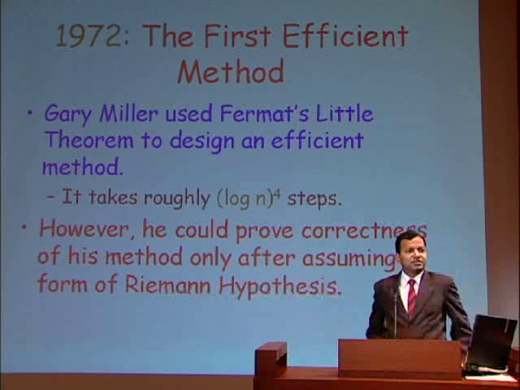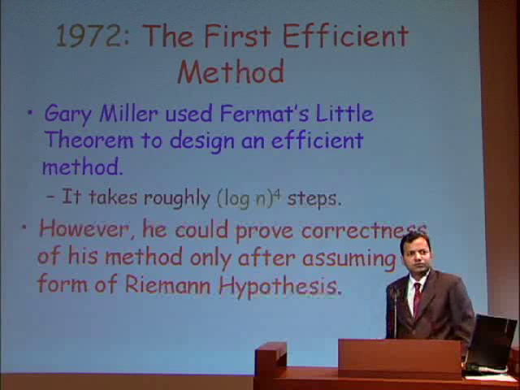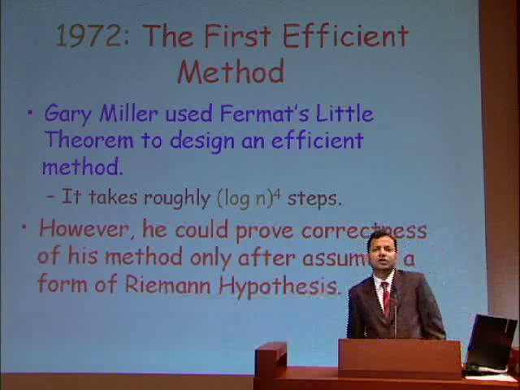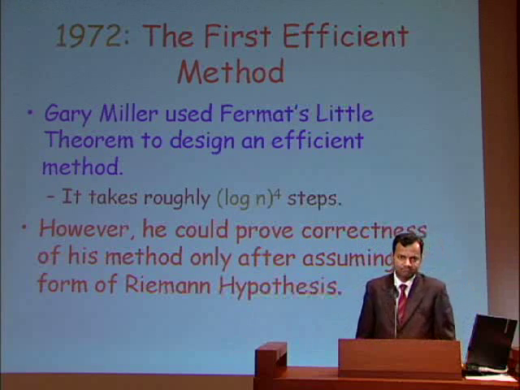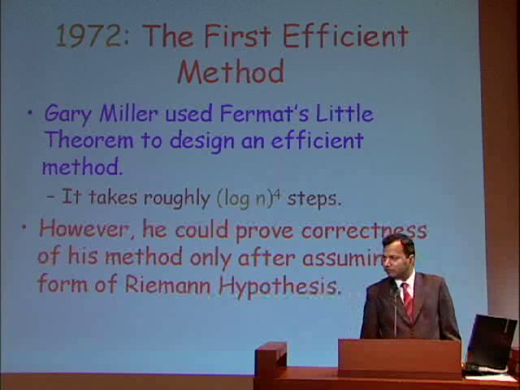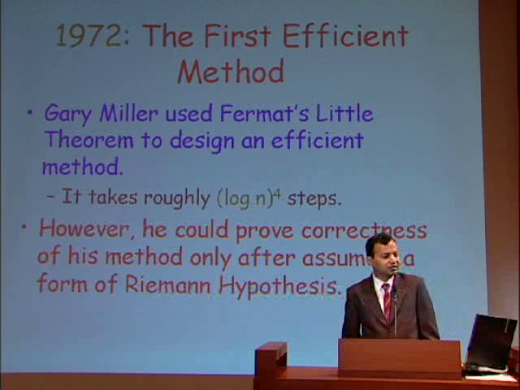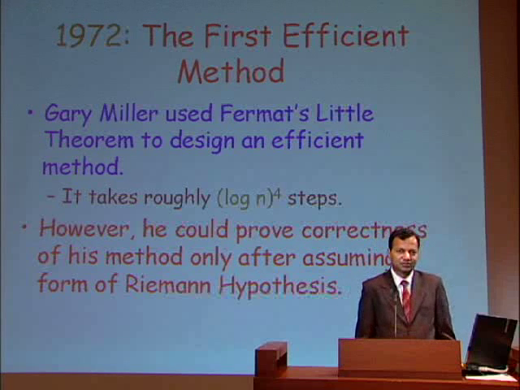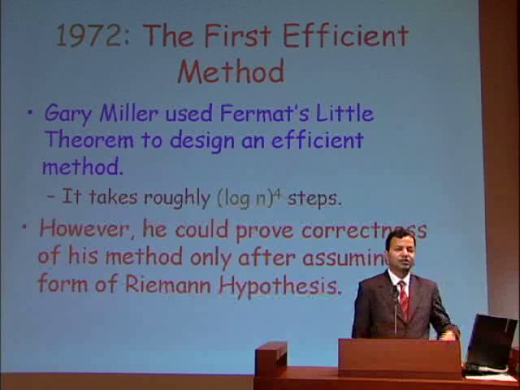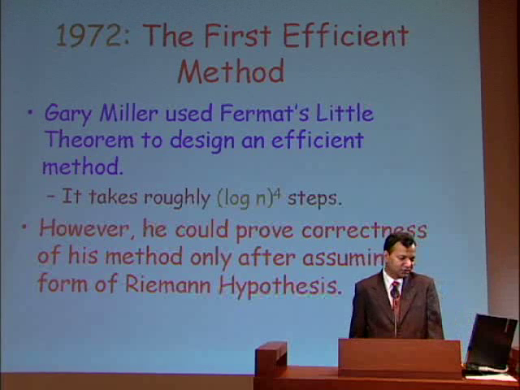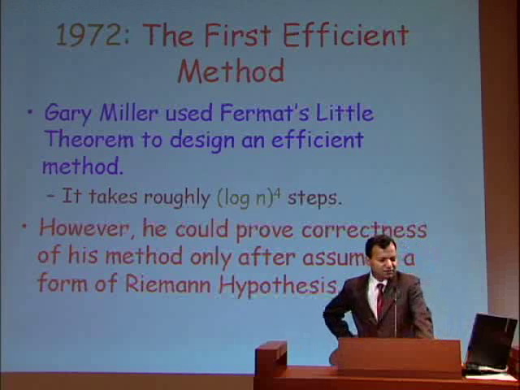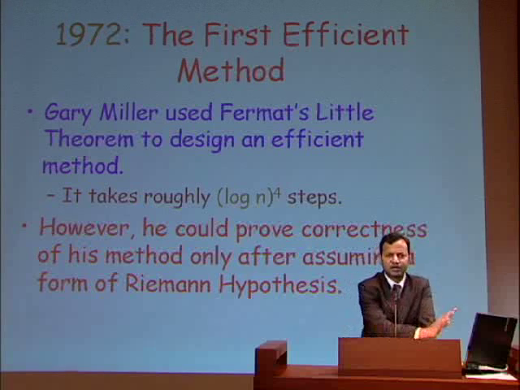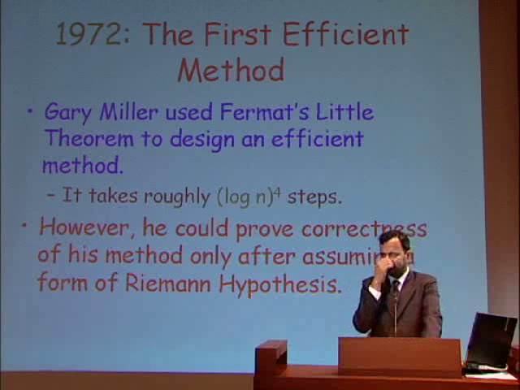The slight problem is that to prove the correctness of his method, Miller had to assume a form of the Riemann hypothesis. And even though we believe the Riemann hypothesis to be true, we still do not know if it is true. And perhaps proving the Riemann hypothesis is much harder than proving that Miller's method is correct. So it is somewhat unsatisfactory, although since we all believe the Riemann hypothesis to be true, his method is essentially solving question 3.